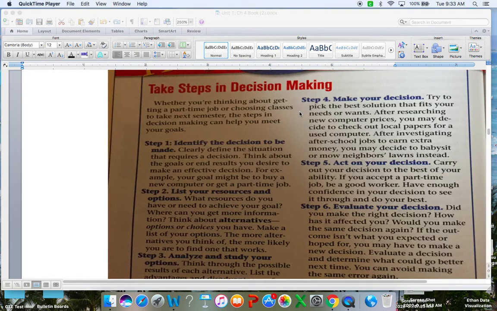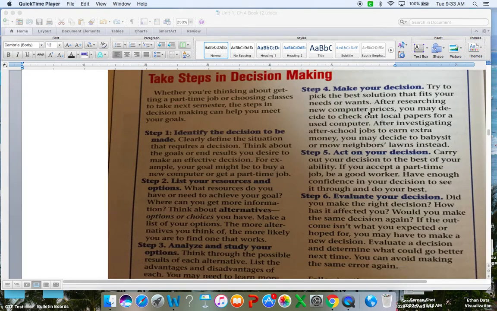So step 1, you identify. Step 2, you list. Step 3, you analyze. And step 4, already you're making a decision. So write that down, make your decision, underline the keyword make. So try to pick the best solution that fits your needs or wants. And here's a couple scenarios here.